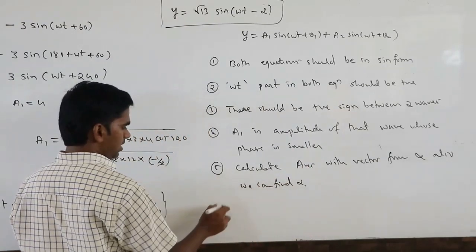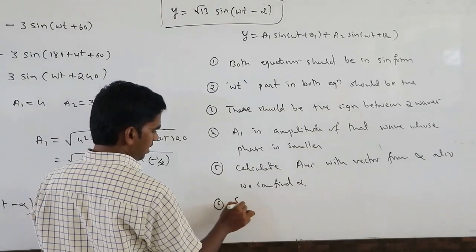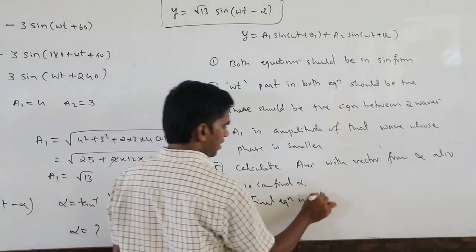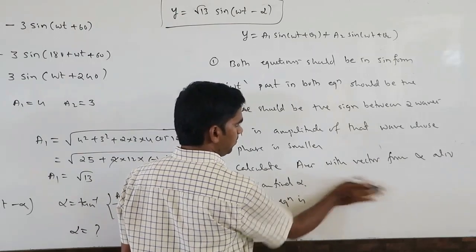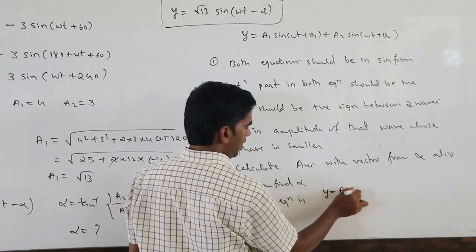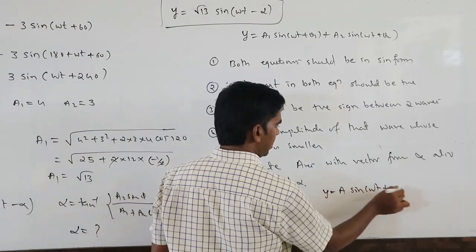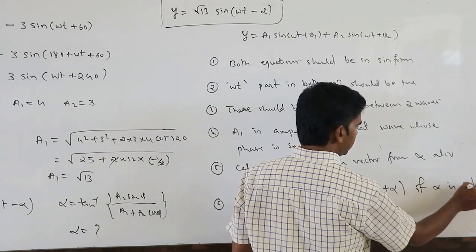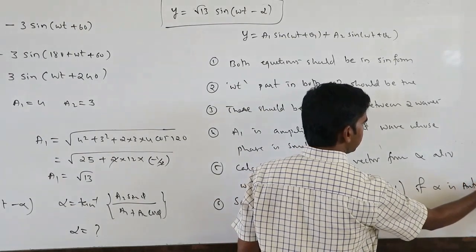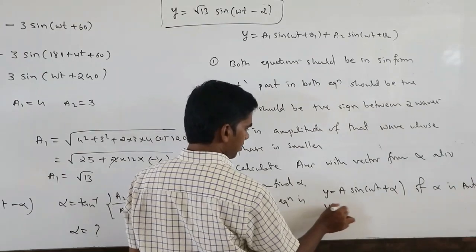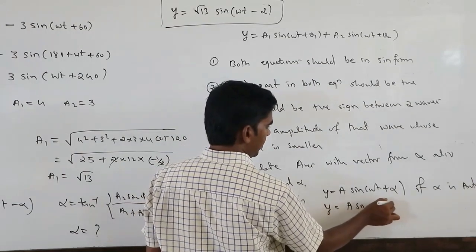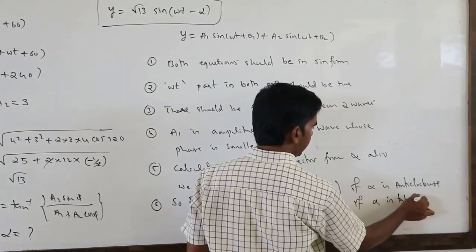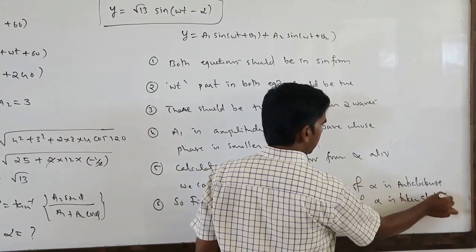Next, what is the final equation? The final equation is y equals a sin omega t plus alpha if alpha is anti-clockwise. It will become a sin omega t minus alpha if alpha is taken in the clockwise direction.